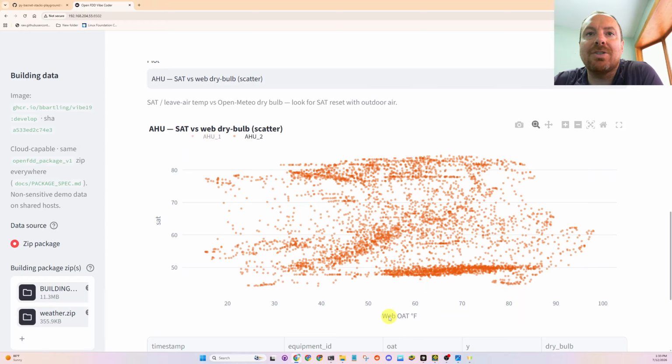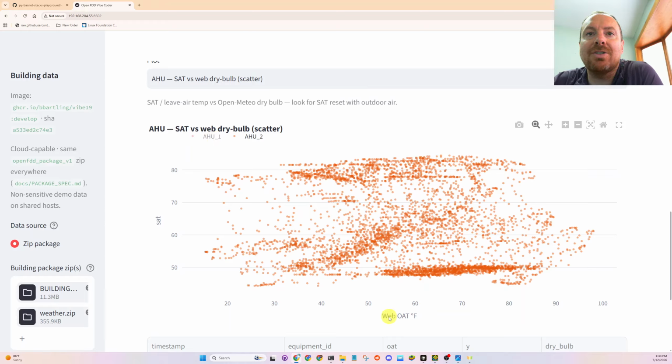Usually you'd want to see some kind of reset, like when it's really cold outside, the air handling unit supply temp would be warmer, and then we would see a general trend as the outside air temperature rises. Usually we'd want to see a trend like this.